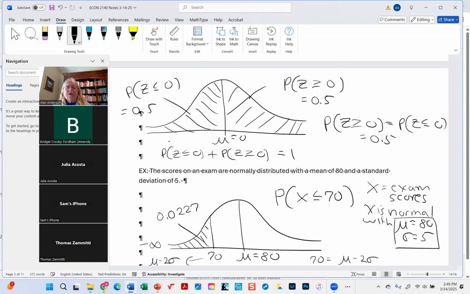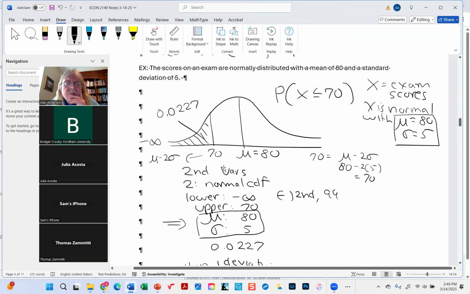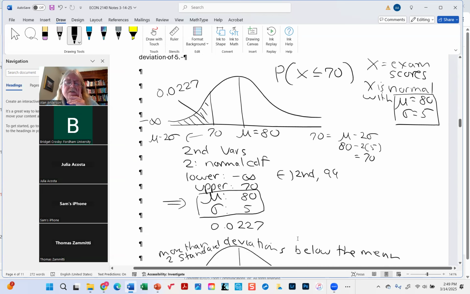So imagine yourself being asked this question: what's the probability of getting 70 or below on this test? Interesting question. So we'll start by going to our calculator, and we're going to use, again, normal CDF. What's going to change, though, is that the mean and the standard deviation have to be changed from 0 and 1 to 80 and 5. Now, after you get used to using the standard normal distribution several times in a row, it's easy to forget about this little detail.